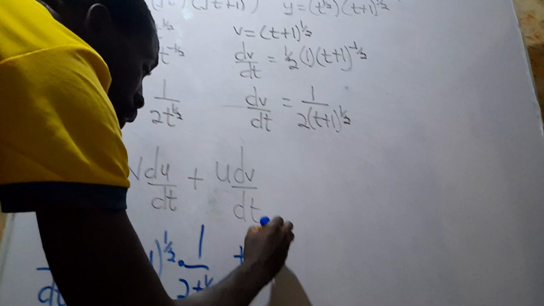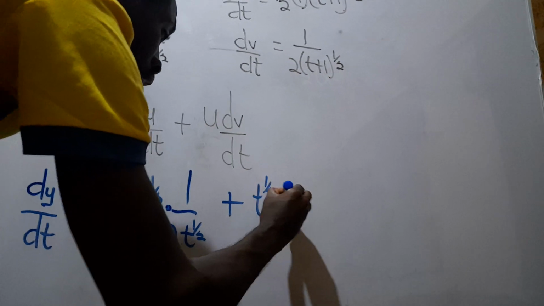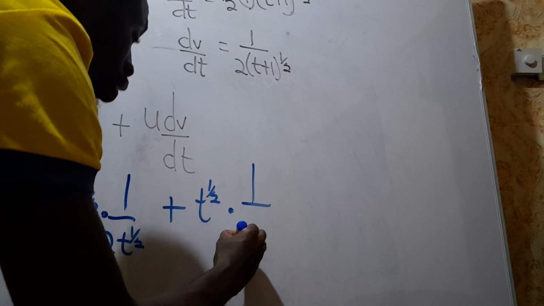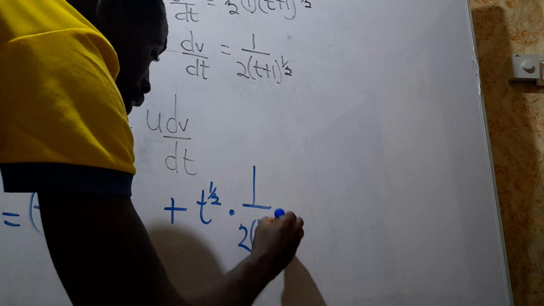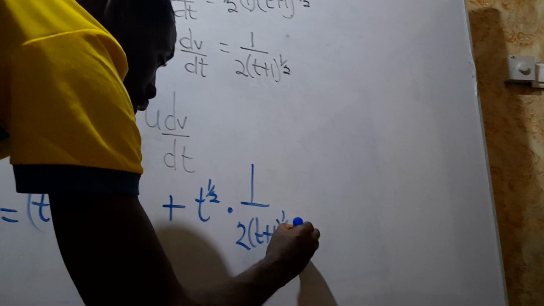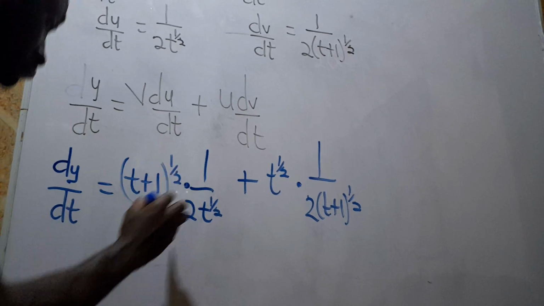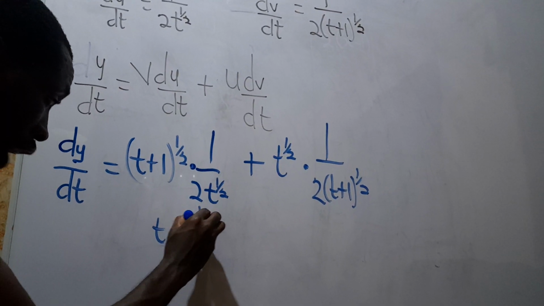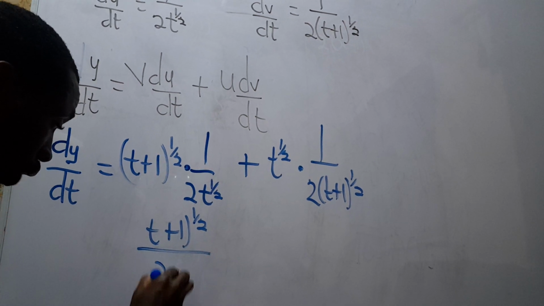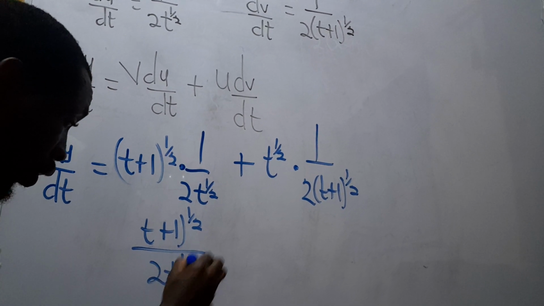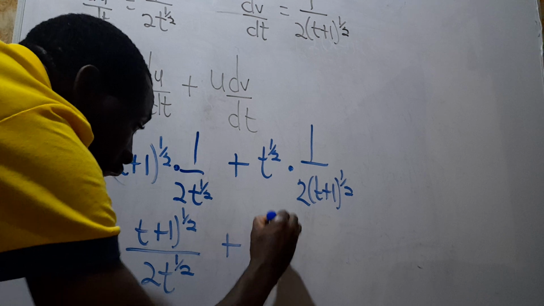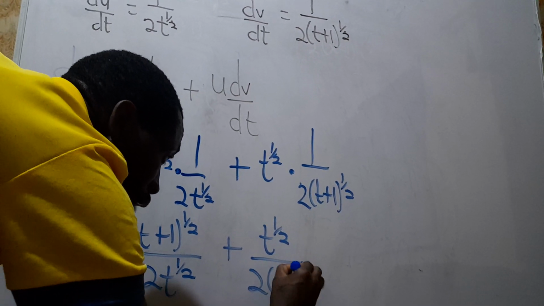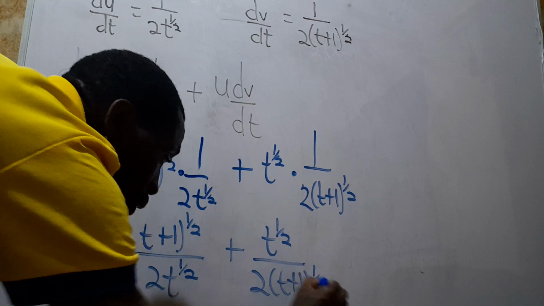Our u is t exponent half times dv over dt, which is 1 over 2 times t plus 1 exponent half. Now we can repolish this to look like t plus 1 exponent half over 2t exponent half plus t exponent half over 2 times t plus 1 exponent half.